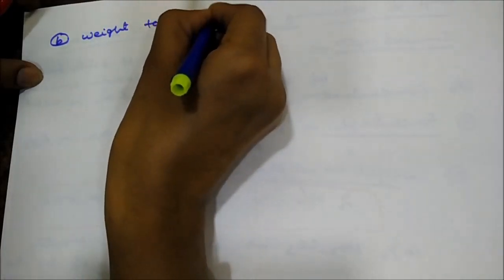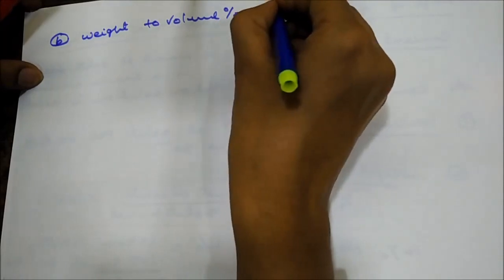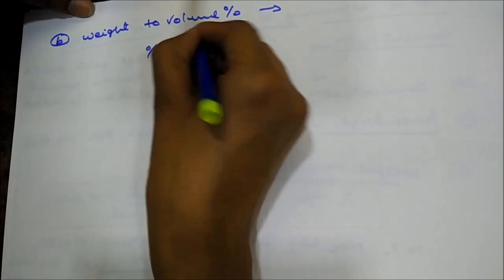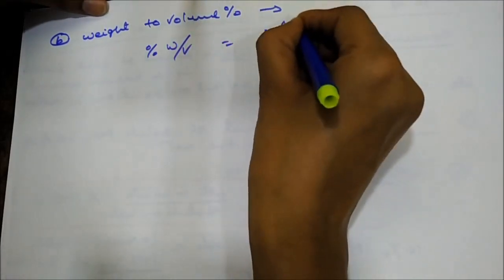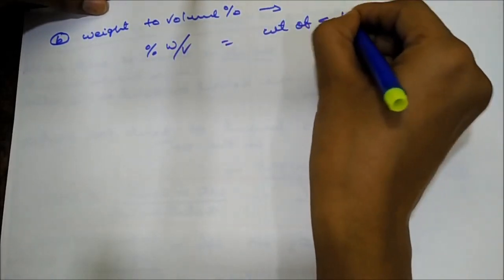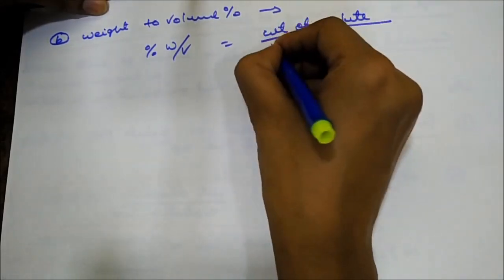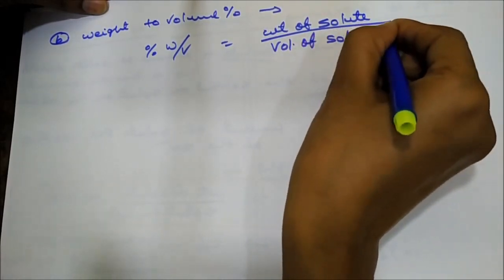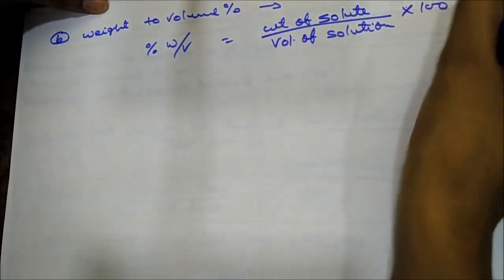If we take weight to volume percentage, then we need to take the volume of its solution and the weight of solute. So percentage weight to volume will be weight of solute divided by volume of solution, and for percentage we need to multiply by 100.